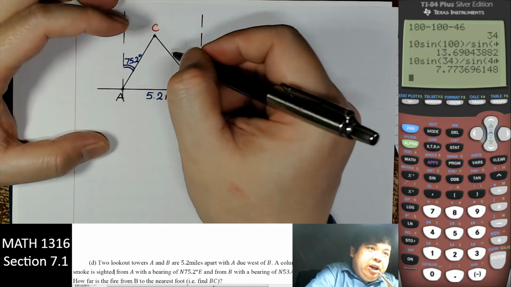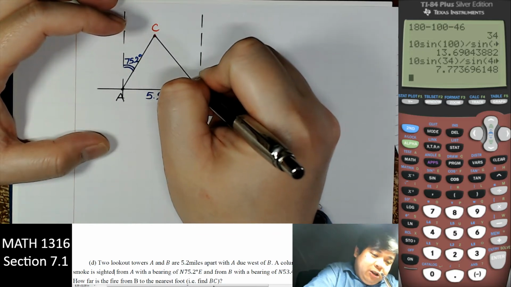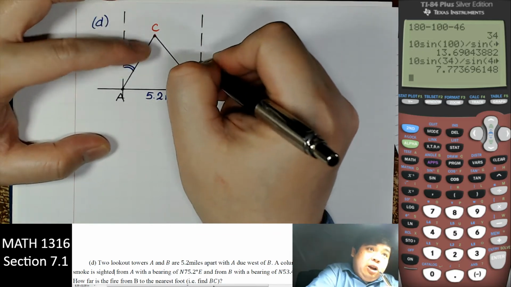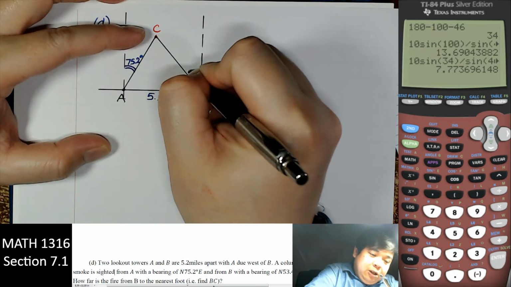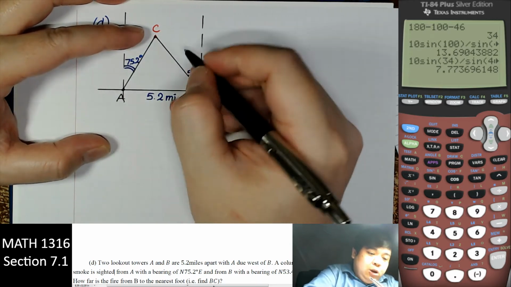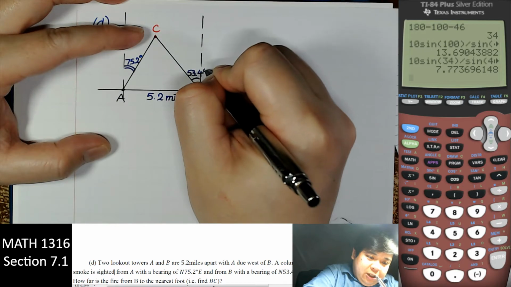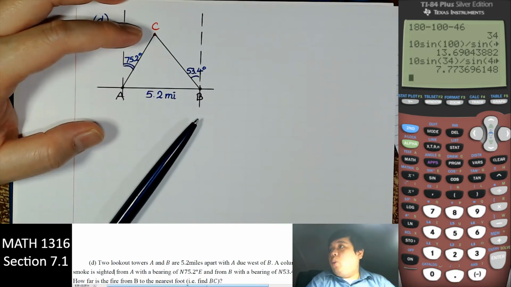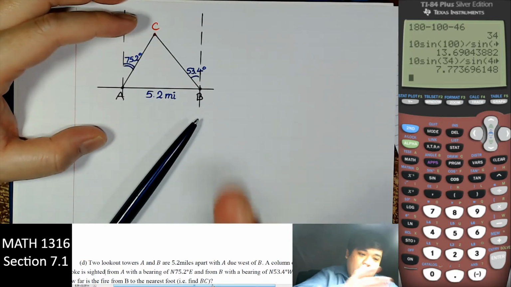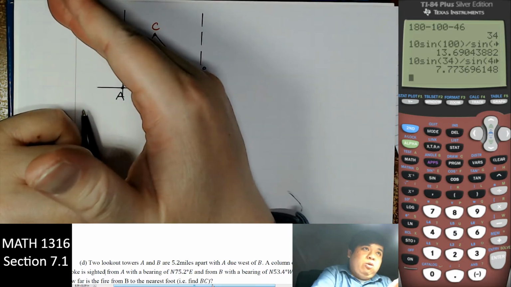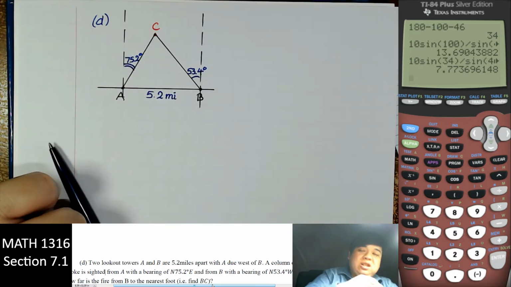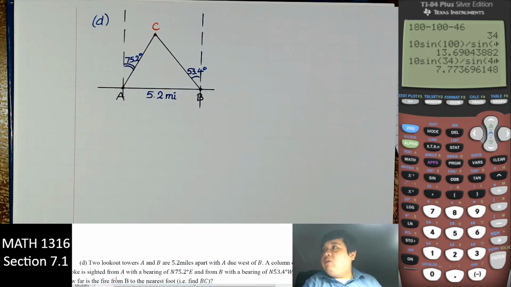From B the angle is north 53.4 degrees on the west side. And how far is the fire from B?